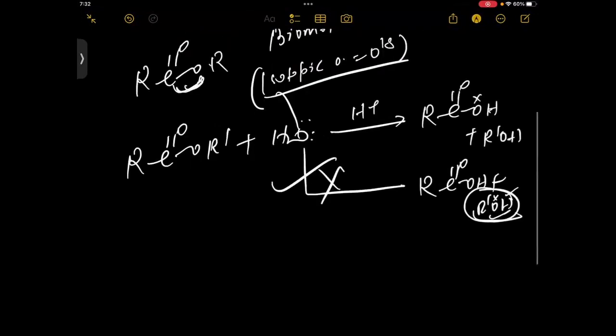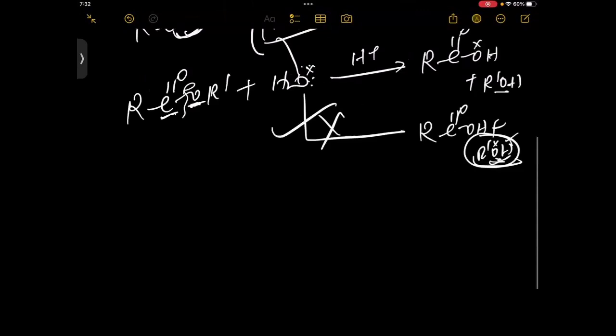That's not possible. Every time that bond will be broken, whatever is here, suppose isotopic oxygen, it will come on the alcohol side. If the isotope is here, then the isotope will come; if simply oxygen is here, then simply oxygen will come. So here is the isotopic oxygen, and this part will attach to the acyl position.